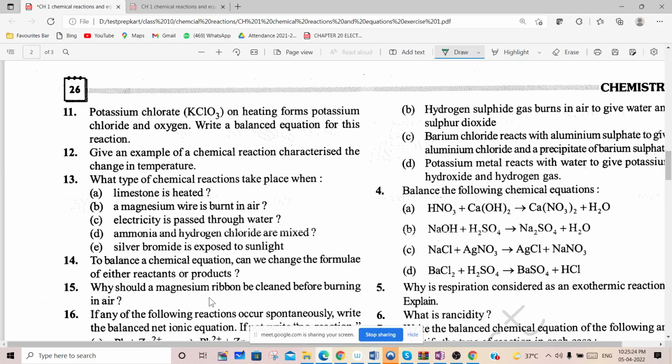Give an example of a chemical reaction characterized by a change in temperature. Are you getting the question?